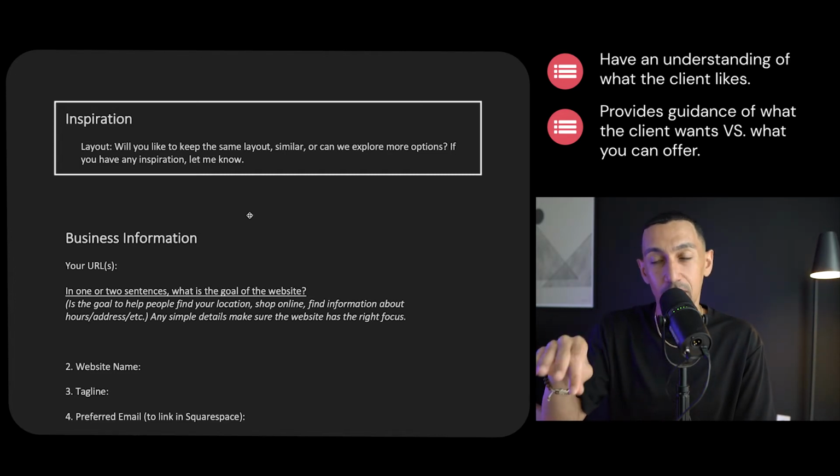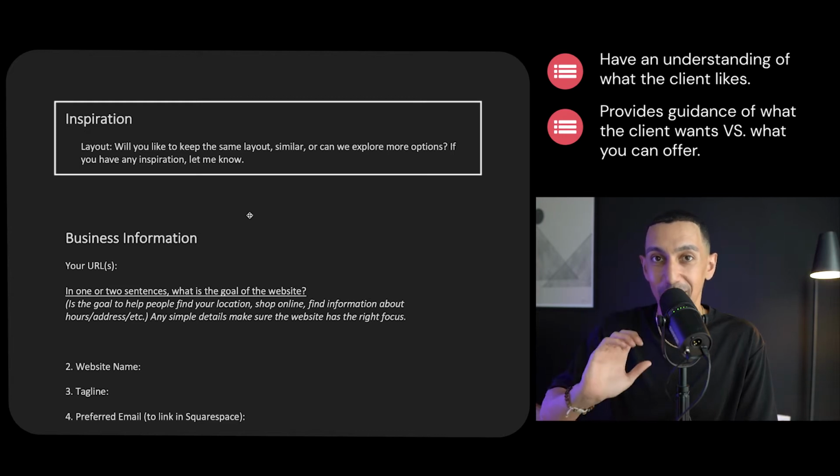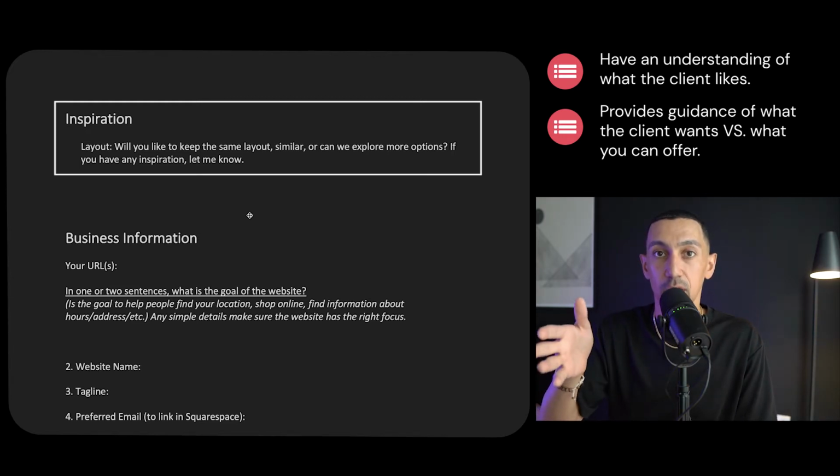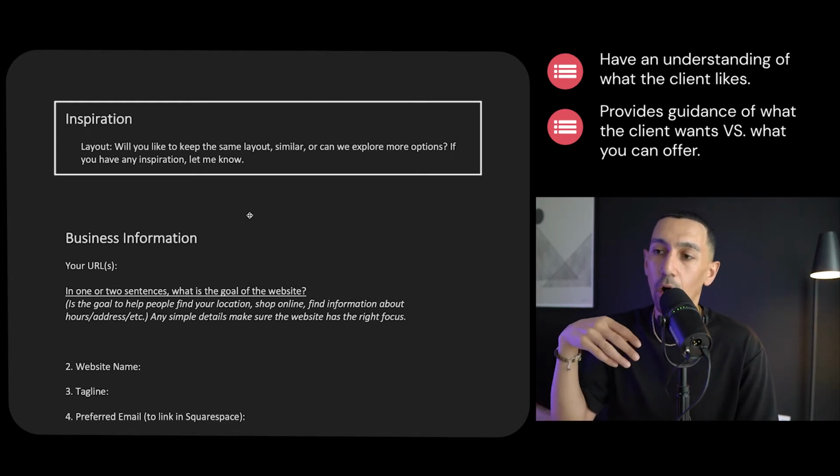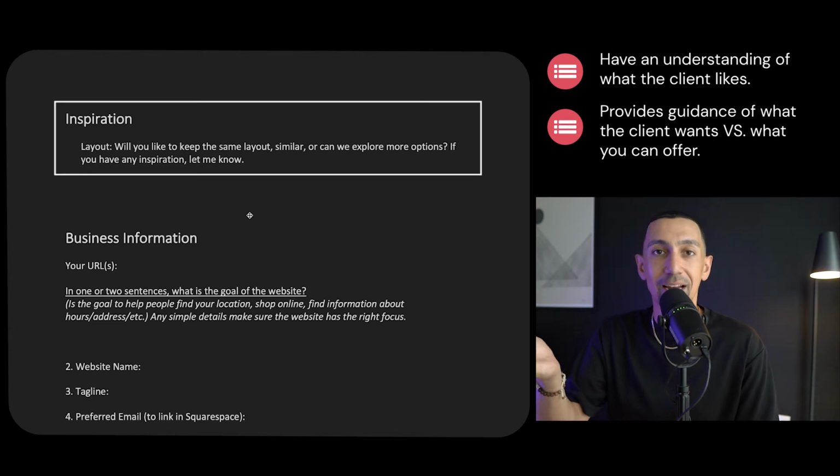So the better they find inspiration, the better I can work with what they actually are trying to accomplish. Also, the inspiration gives me ideas of how they like layouts, what types of sites they like, all of that. And it's amazing when the client sends you 2 or 3 examples, maybe 4, and 2 of those are on Squarespace. Then you get a good feel of what they're going for.